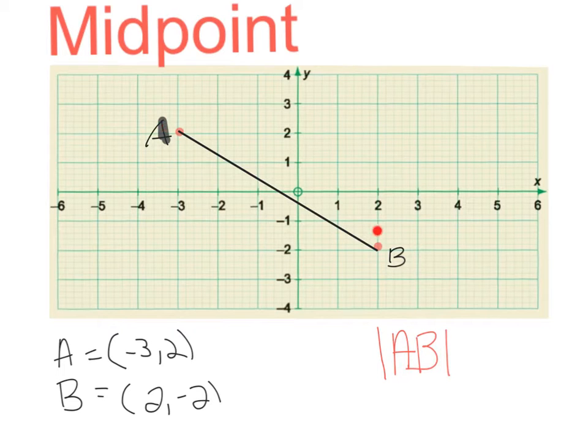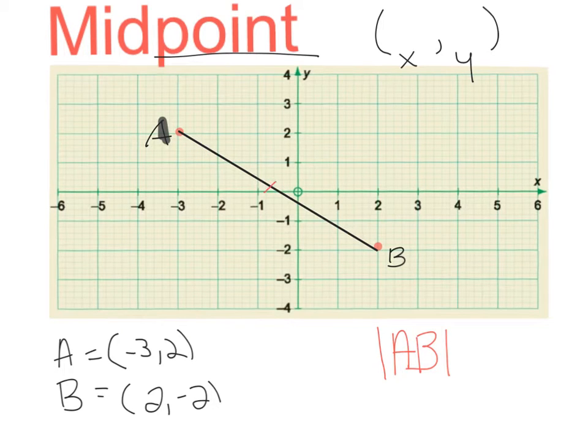So we're actually asked to find the midpoint of the line AB, and that really means the middle or the halfway point. Remember our word point? We've met this before, and a point is another word for a coordinate, which means we need an x value and a y value. Now I could really kind of guess here, where would the middle be?